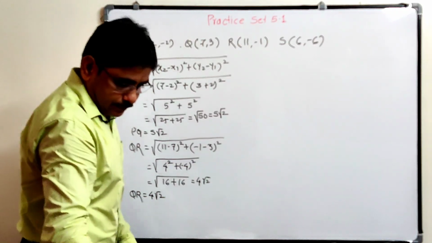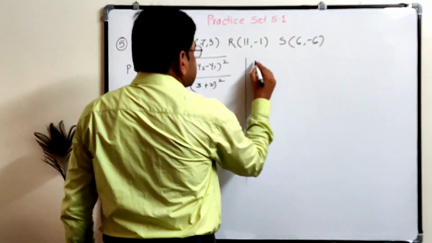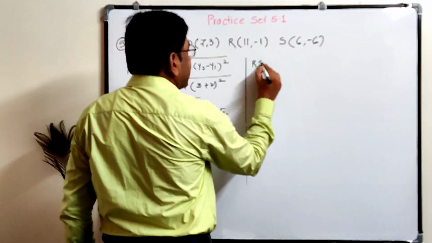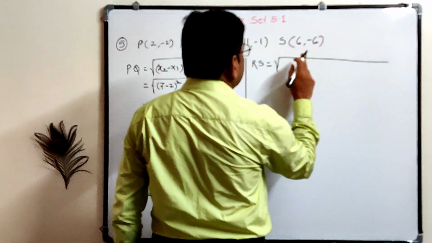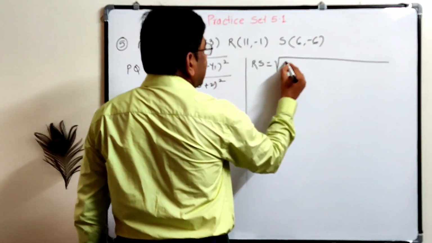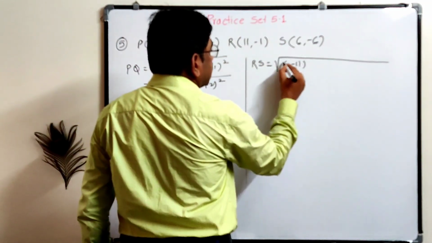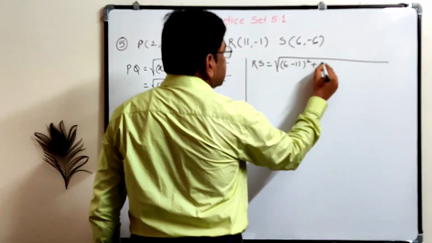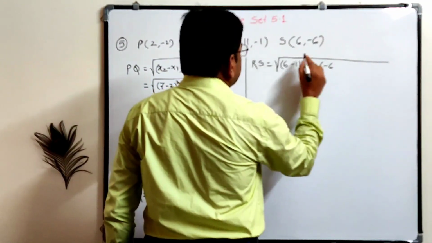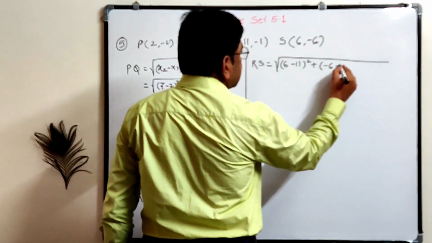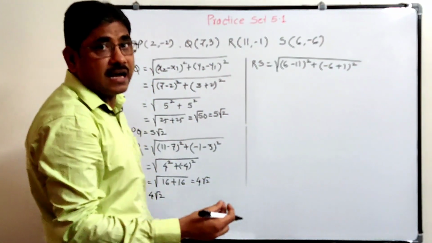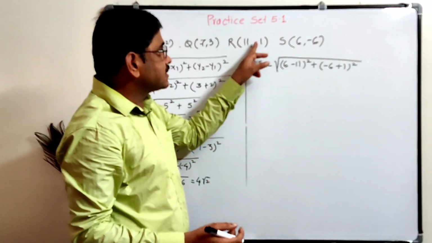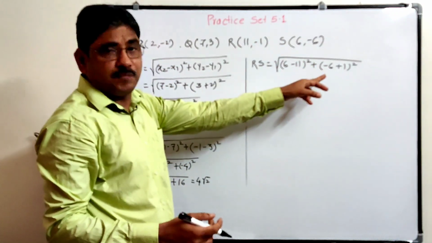Now third one. Third distance is RS. Distance RS is equal to root of, write the formula, 6 minus 11 bracket square plus minus 6 minus minus 1 becomes plus 1 bracket square. Remember this one. I am writing the direct steps. Minus 6 minus minus plus 1.